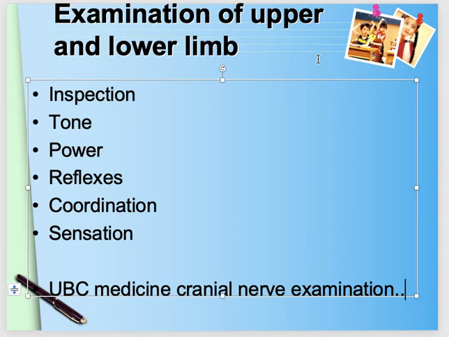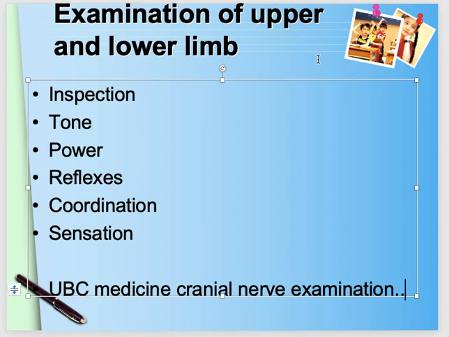Anyhow, then we go for GPE. We do a mental state examination. We can do a mini mental state examination. We do a cranial nerve examination, and an upper limb examination as well as a lower limb examination.